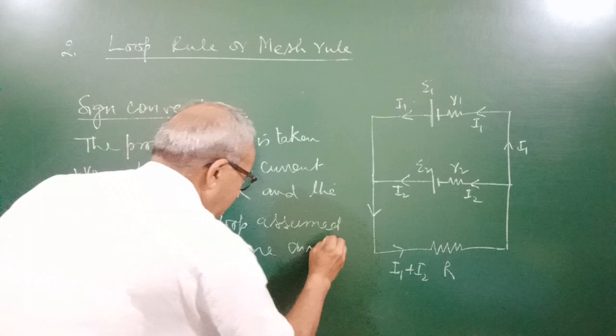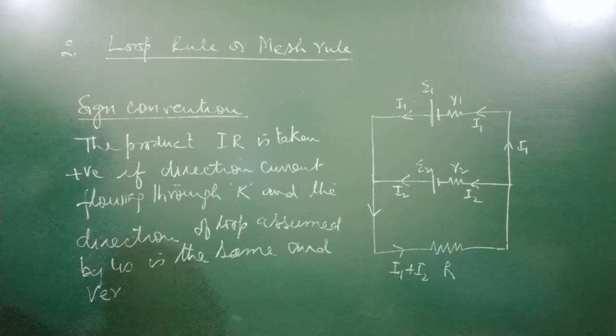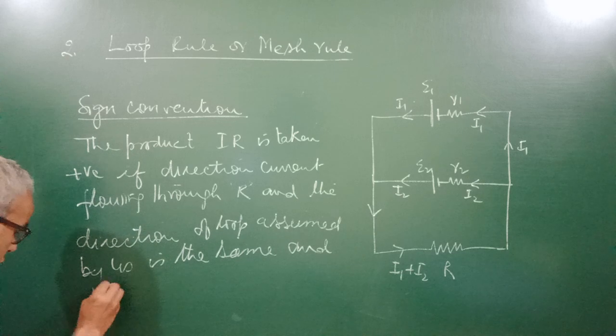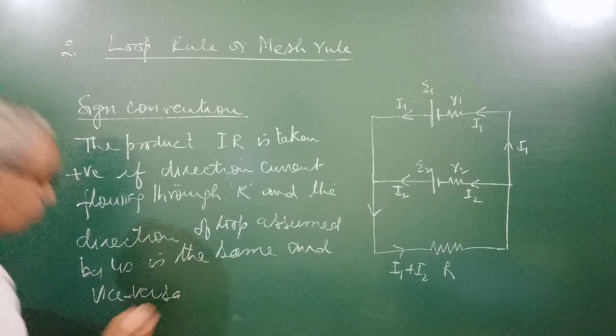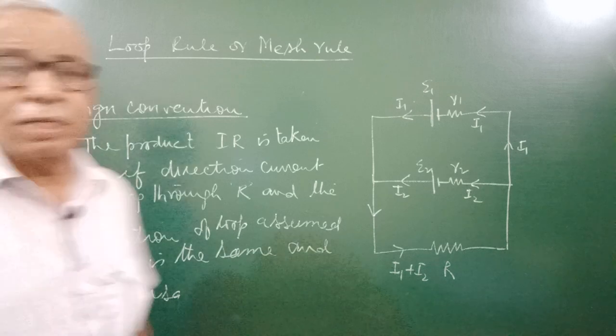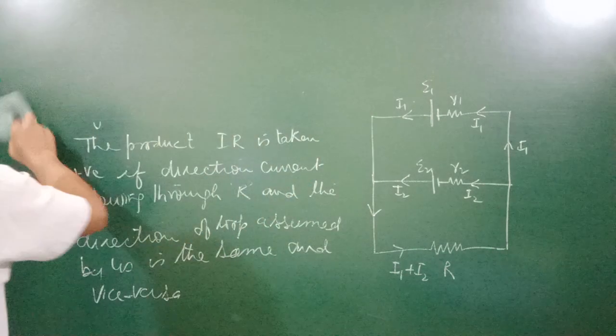And vice versa: if current and loop are in opposite directions, then IR is negative.